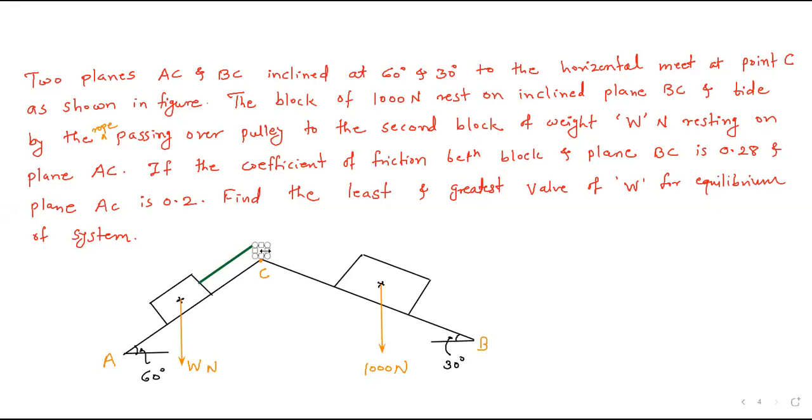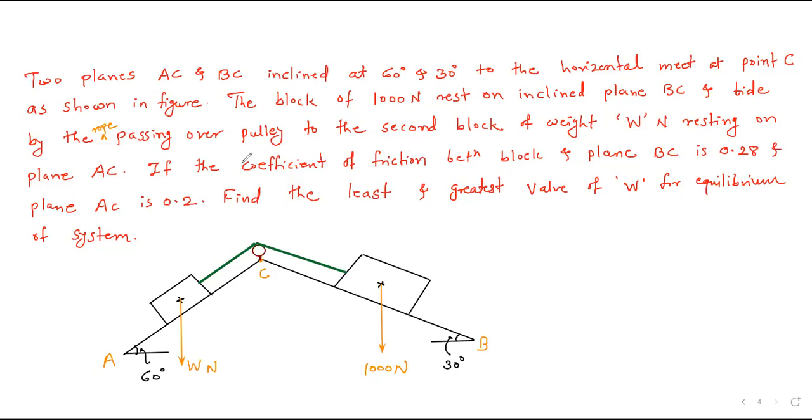This pulley is connected over here, and it is connected to the next block. It is like this. So this is the string which is passing over this pulley.